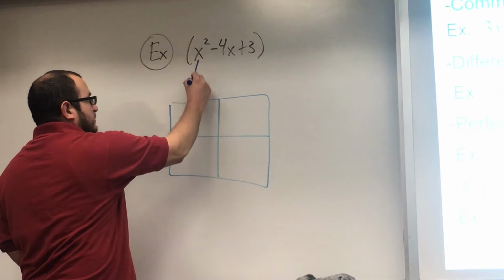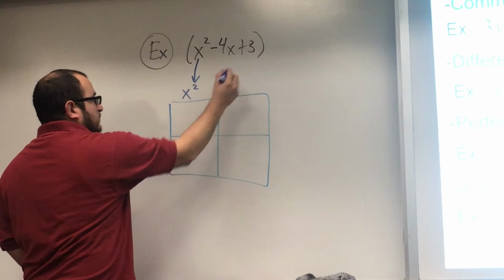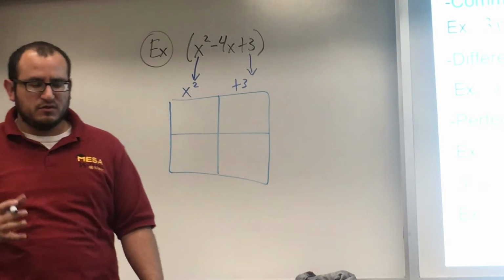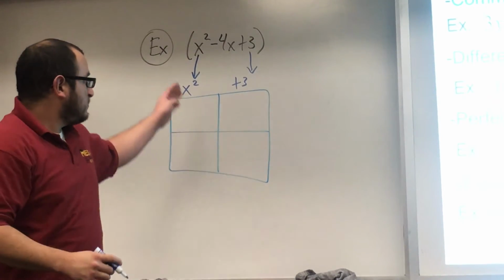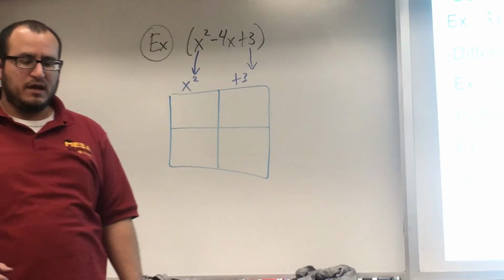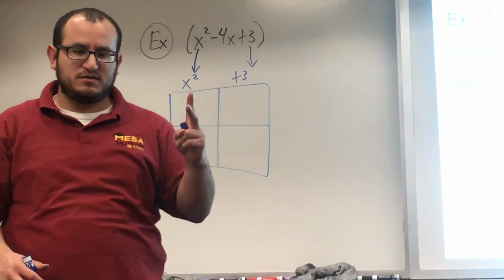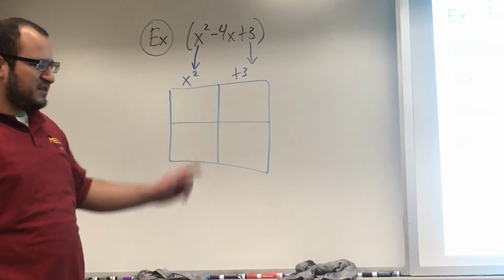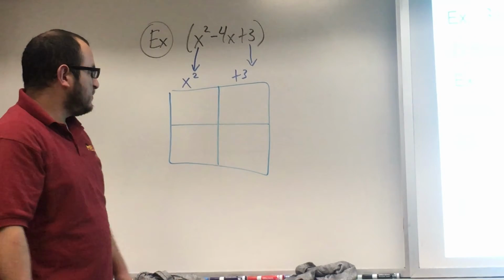First term goes here. Last term goes here. In order for the box method to work, you need to have an A and a C. If you don't have an A and a C, the box method doesn't work. Okay. And again, this method works with 2 terms, 3 terms, and then 4 terms, which we're going to see in just a moment. But this is just a refresher.